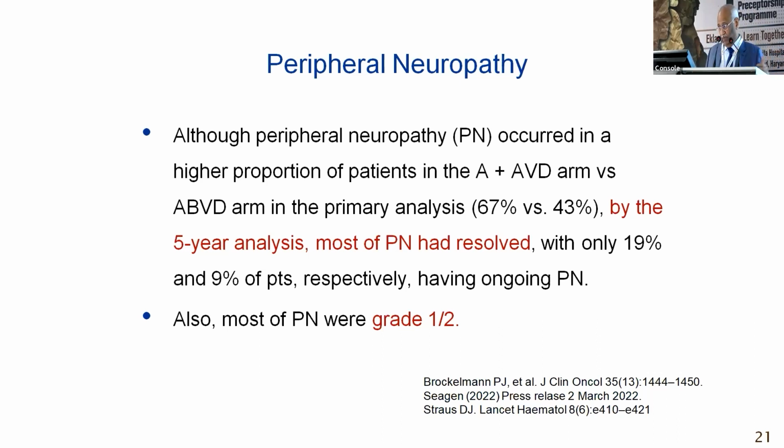And that is highly reversible, as you see quoted here. So it's not a huge issue in practice. You look for it at baseline, during follow-up. You can adjust the doses, you can reduce the doses. The dose of brentuximab is per kg, you can reduce the doses, and you can increase the intervals.